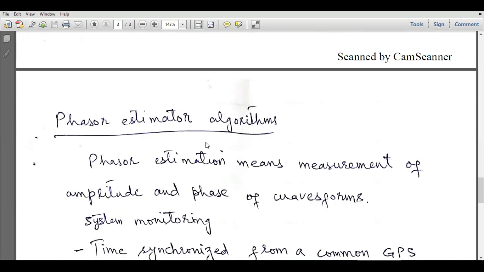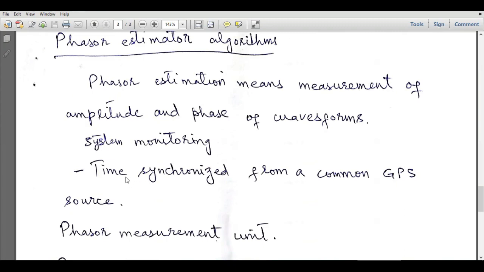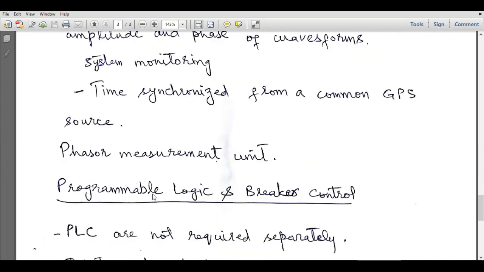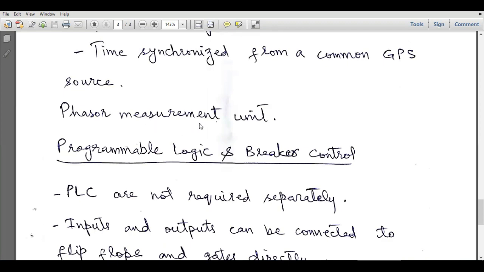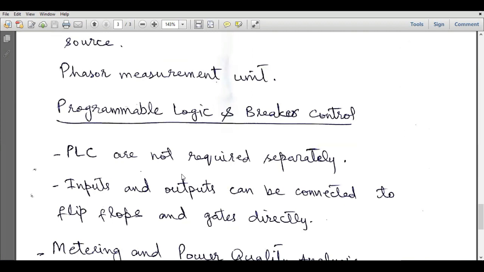Phasor estimator algorithms. Phasor estimation means measurement of amplitude and phase of waveforms. System monitoring is another aspect which has time synchronized from a common GPS source. And phasor measurement unit, which are PMUs, they are also embedded in IEDs, and programmable logic and breaker control.